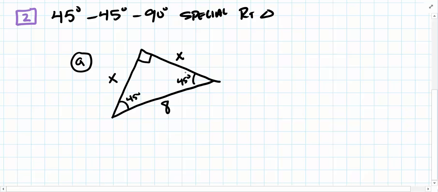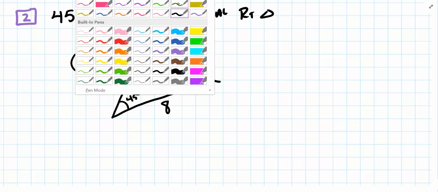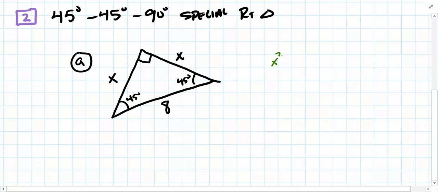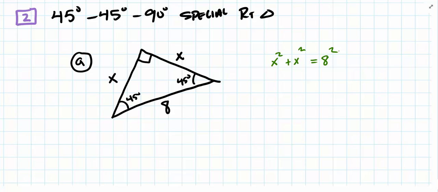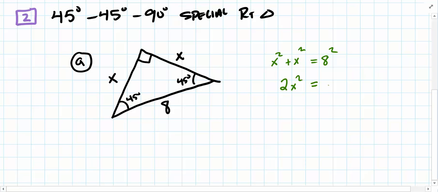Fair enough? Okay, what I want you to do now is we're going to use the Pythagorean theorem. We're going to solve for x. So we're going to say x squared plus x squared equals 8 squared. How many x squareds do we have on the left-hand side? There's two of them, right? So 2x squared is now equal to, what's a grand total of 8 squared, everybody? 64.